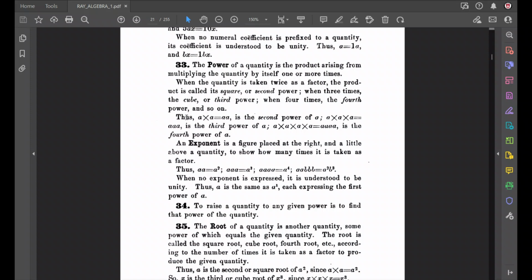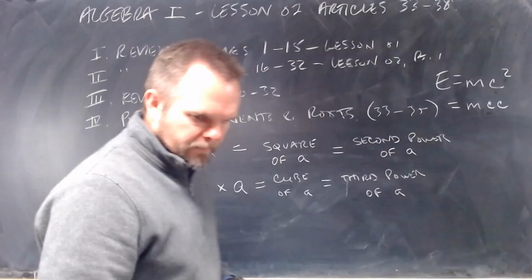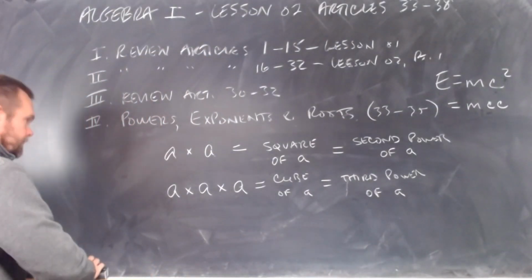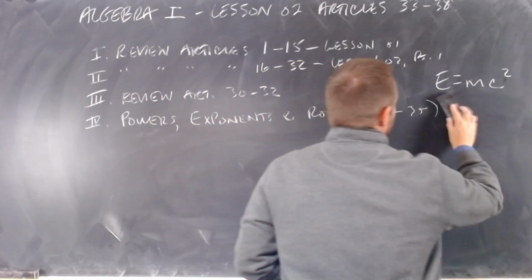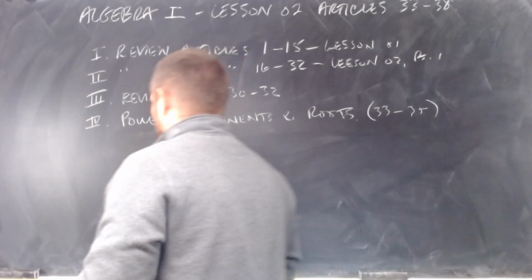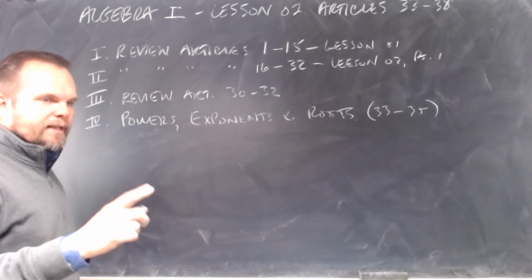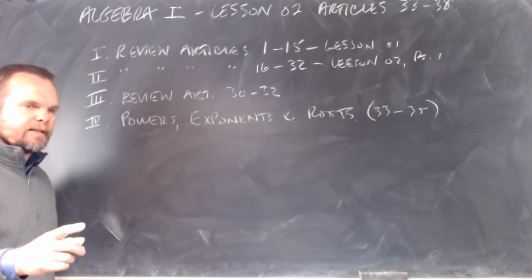Next in our lesson, we're told that an exponent is a figure placed at the right and a little above the quantity. An exponent is a figure placed to the right and a little above a quantity to show how many times it is taken as a factor.